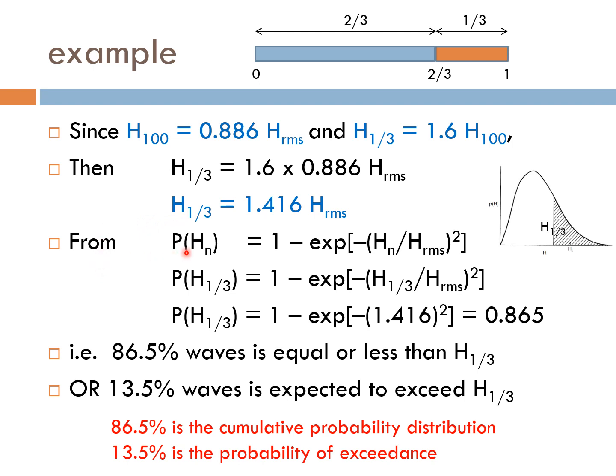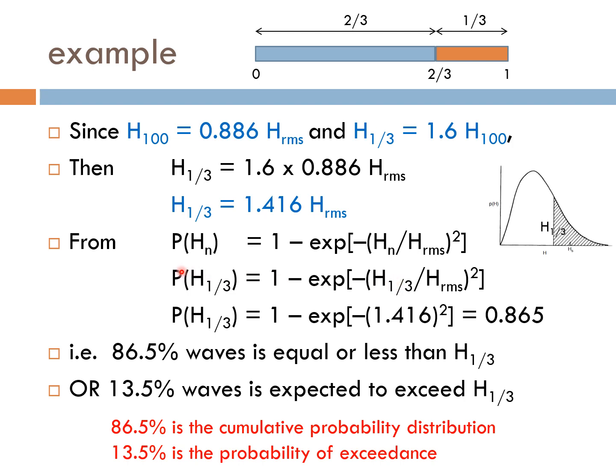Now let's take the equation for the cumulative probability distribution from the earlier slide, and let's write out the equation, and the h inside the bracket is the value of wave height that we want to analyze. Let's say we want to analyze the h1/3. So we substitute h1/3 into here.